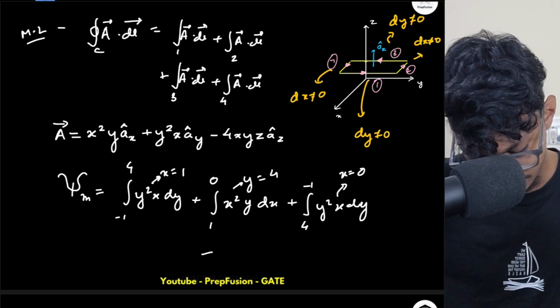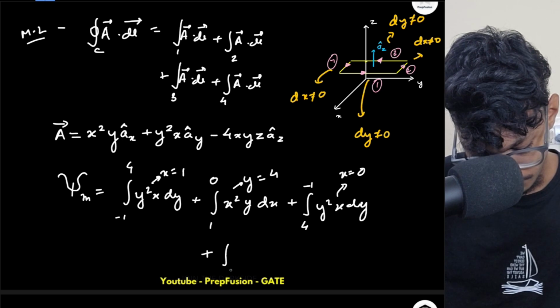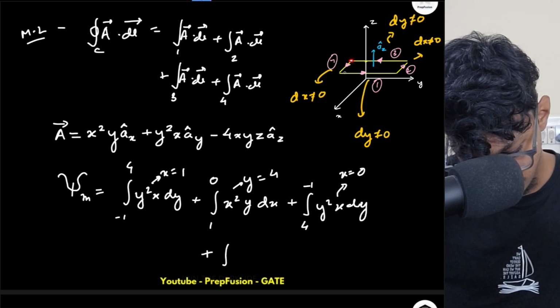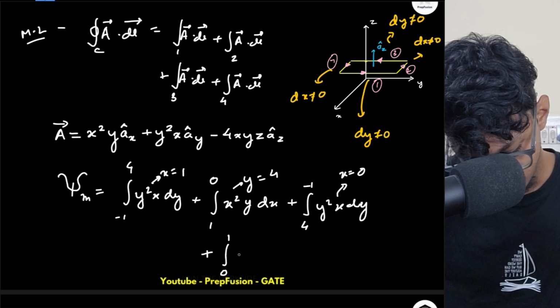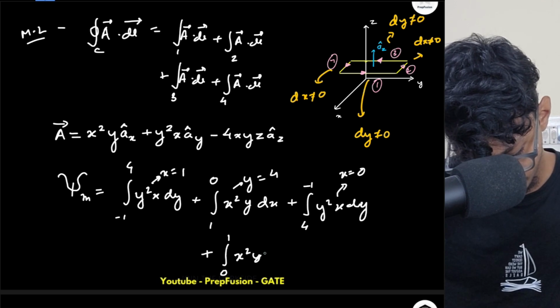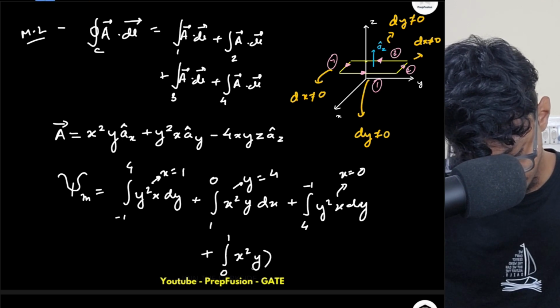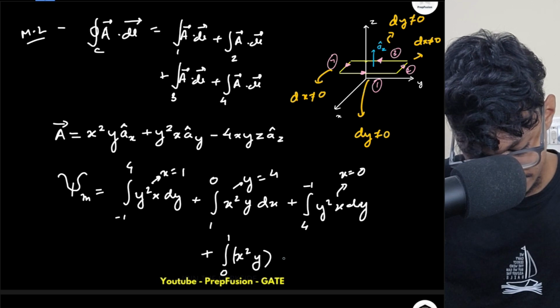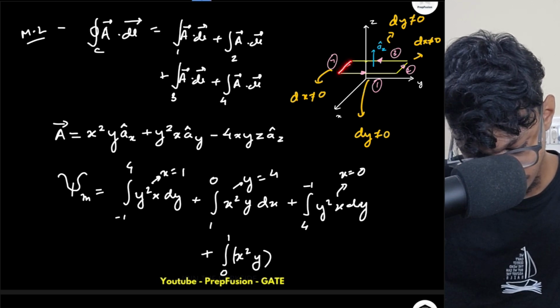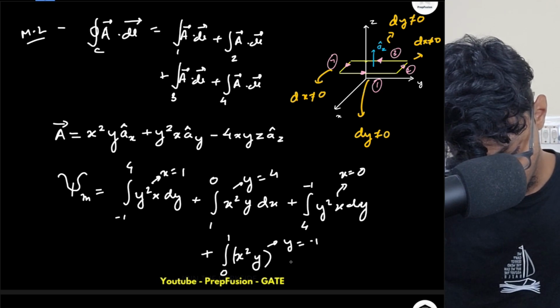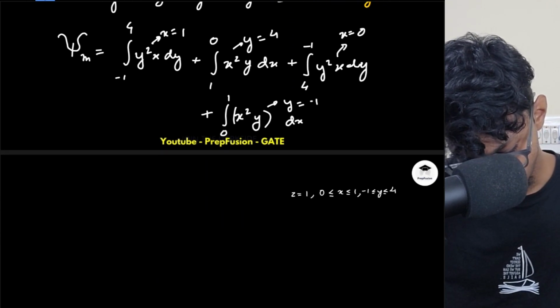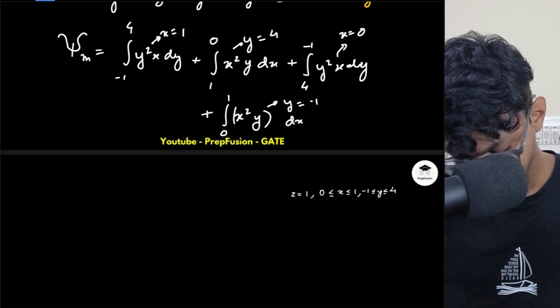And for the next case, it will be from x equals 0 to x equals 1, x square y dx, and my y is equal to -1. Okay, dx. So now I can simply compute all these things.